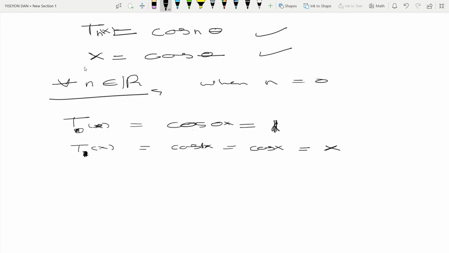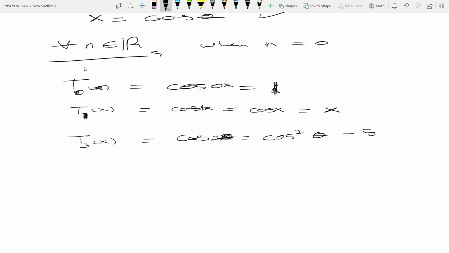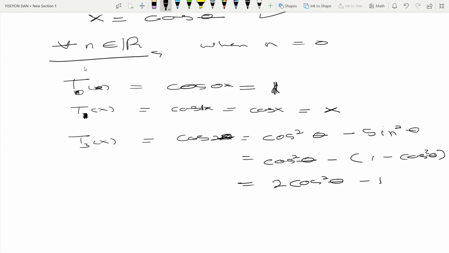So we have another one, T2 of x. T2 of x is going to be cos 2θ. Cos 2θ from trigonometry is cos squared θ minus sine squared θ, and we can write sine squared θ as 1 minus cos squared θ. So that gives 2 cos squared θ minus 1.